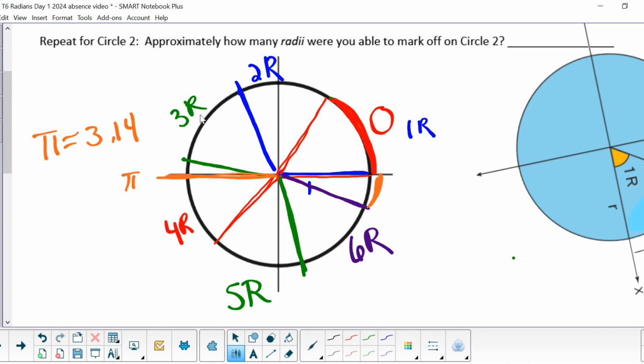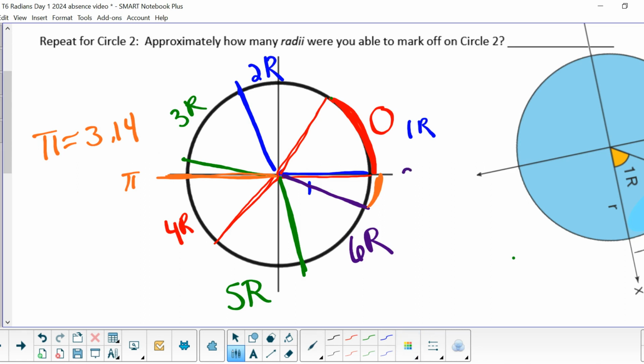We actually went to 3 plus 0.14159, and so on. So the first half of the circle is pi because it's 3 radians plus that little bit more. And then the second half of the circle is the second pi, if you will.